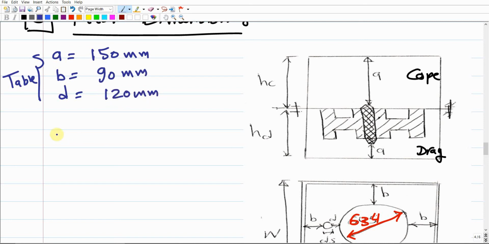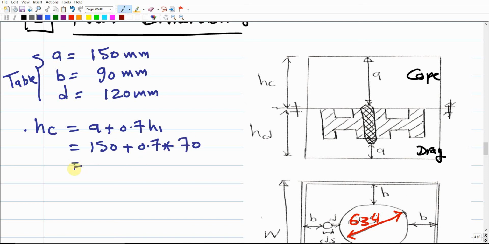Then if I ask you how much is HC, HC should be the height of the cope. The height of the cope should equal the A value plus this small little value located here, which is the 0.7 H1. And if you remember, we got H1 equal to 70 from the core design step. So we have 150 plus 0.7 times H1, which is 70.